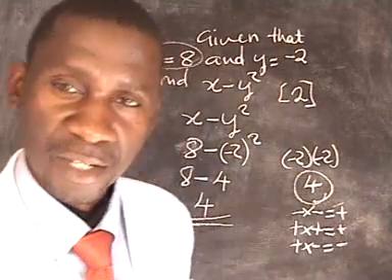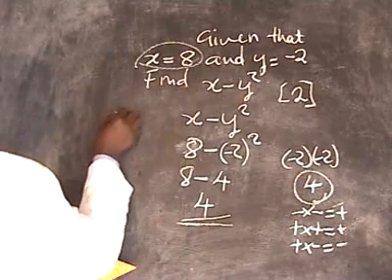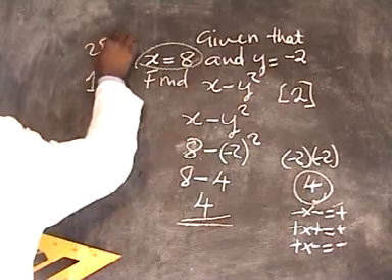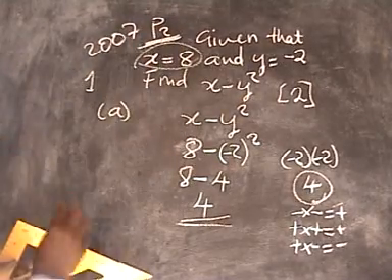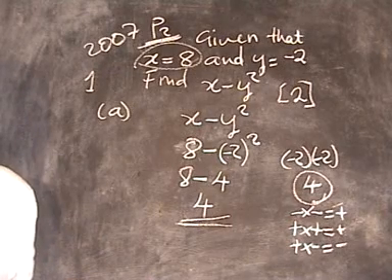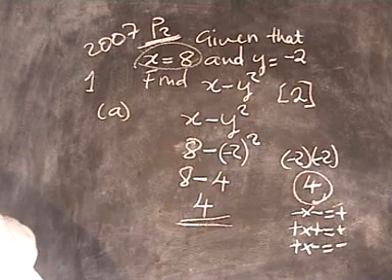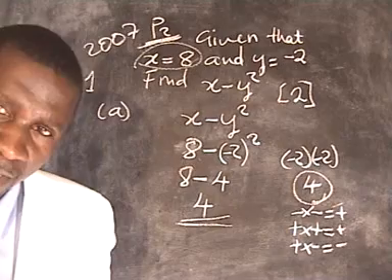So from there, allow me to take you some steps further. This is question 1 from 2007 paper 2, section A. I'm sure that is understood. So without wasting much of your time, allow me to take you some steps further in mathematics.